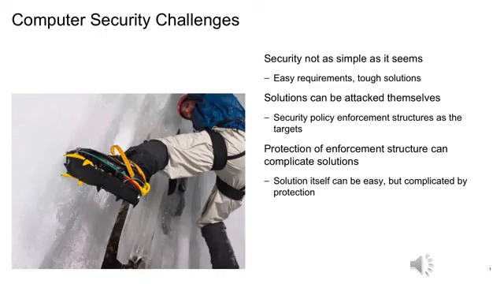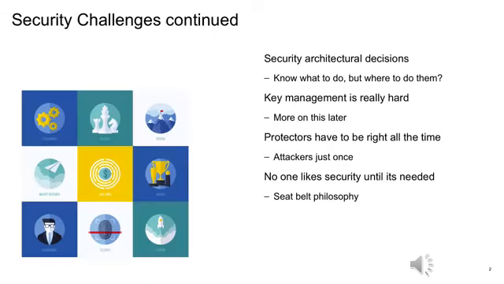Some additional challenges that face the security professional have to do with our security architecture decisions, right? So we talk about logical architectures that describe more what we're doing as opposed to how we're doing it. And so then we start getting into the topology of this, of where these enforcement mechanisms will be placed within the architecture. For example, generally we want access control technologies closer to the perimeter, closer to the DMZ.